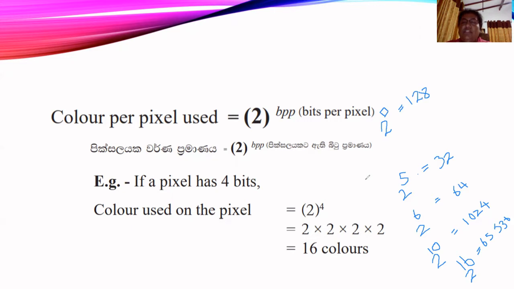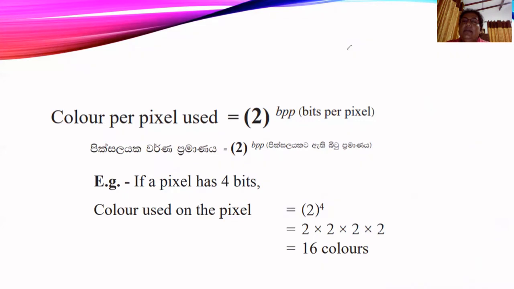Now, can you check your book? They put here square root of 16 equals 4. Therefore, when you find the square root of the number of colors, then you can find the bits.